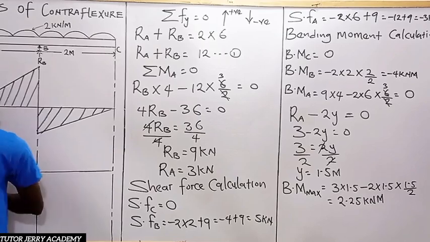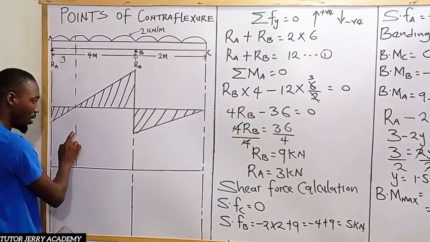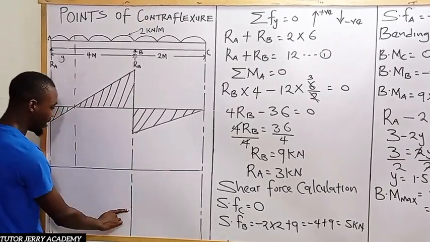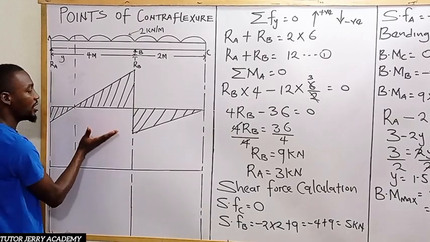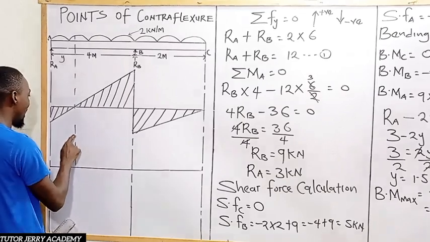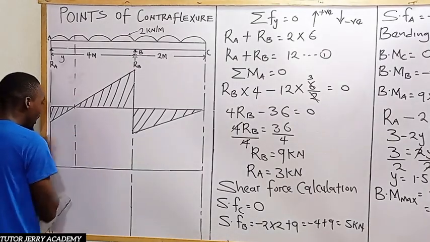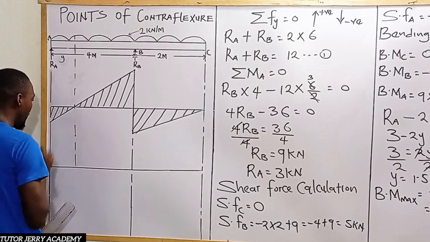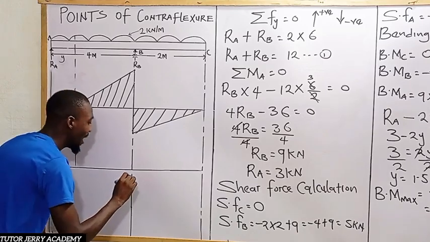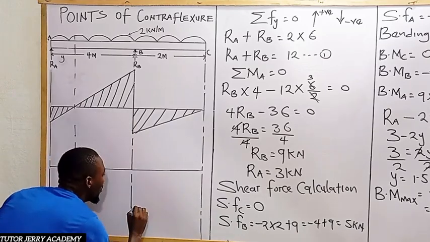So it means that at this point, don't forget, here is 0, here is -4, here is 0, and above this line is positive. So we can trace our 2.25 somewhere here. Let's make this at this point. So here is our 2.25. Now the bending moment diagram is going to look like this.